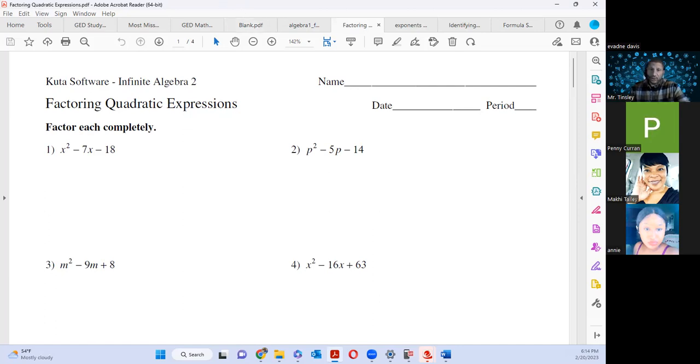So the first thing you want to realize is the standard form of a quadratic equation. Can anybody tell me the standard form of a quadratic equation?